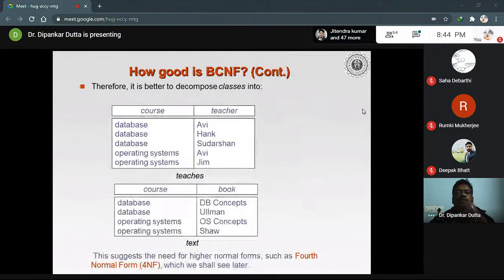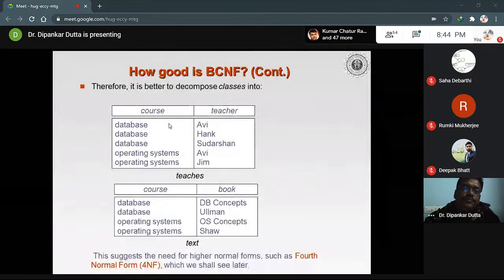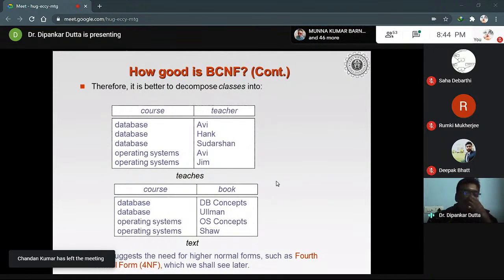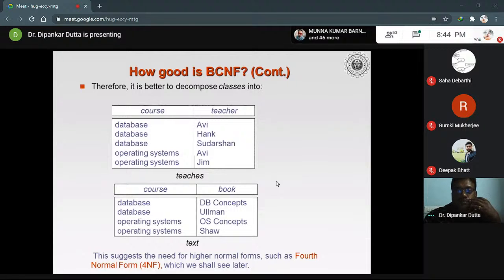Therefore it is better to divide it in this way: course-teacher, then course-book. So this suggests another form of normalization, that is the 4th normal form.